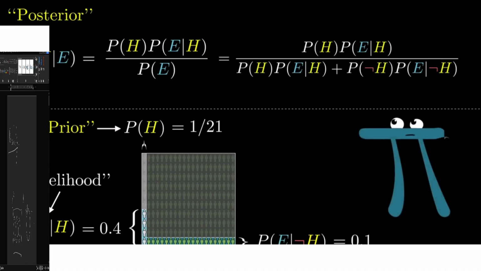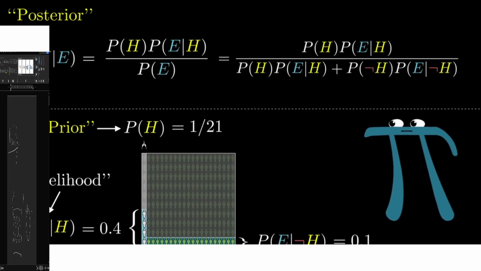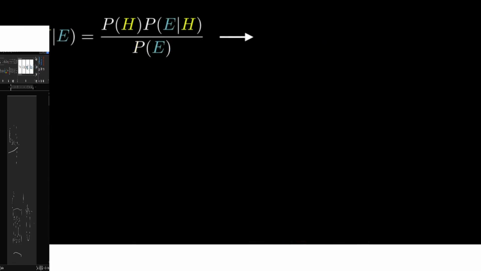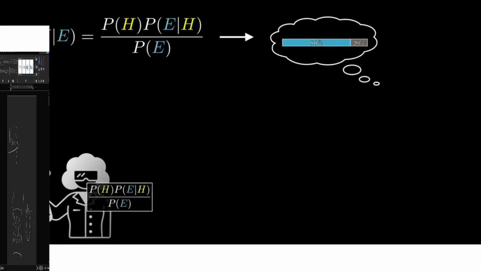Writing it out abstractly might seem more complicated than just thinking through the example directly with a representative sample. And yeah, it is. Keep in mind though, the value of a formula like this is that it lets you quantify and systematize the idea of changing beliefs. Scientists use this formula when they're analyzing the extent to which new data validates or invalidates their models.